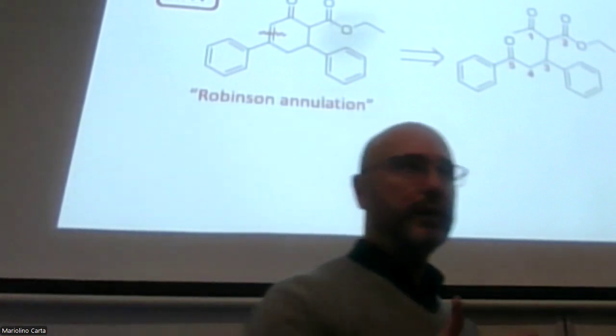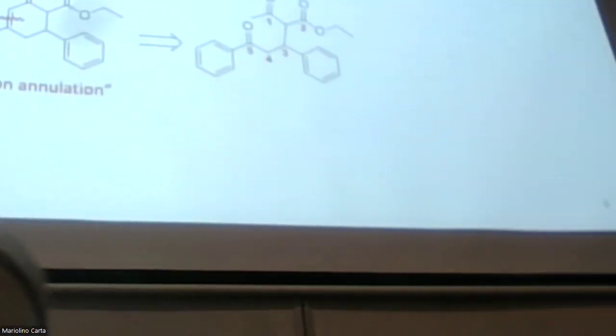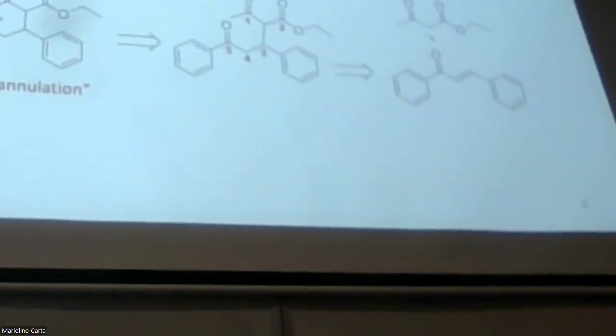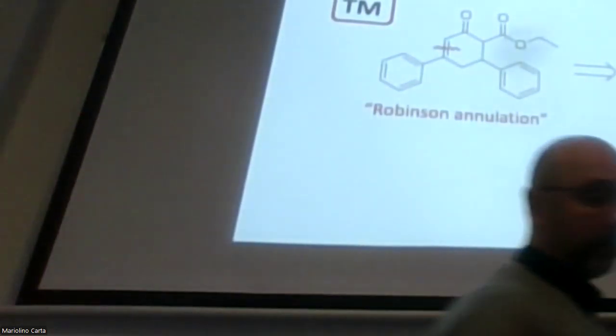Because the 1,5 dicarbonyl is always working, enolate on one side, alpha beta unsaturated carbonyl on the other. So you need to put a double bond somewhere. I will do that because it's so much easier to put a double bond here than on the other side. Sometimes it's even impossible, because putting a double bond between the 1,3 is even impossible.